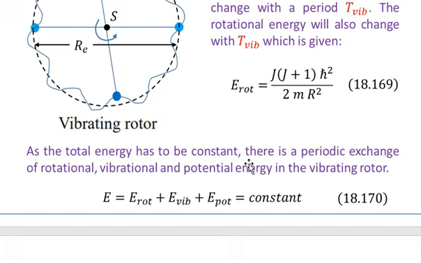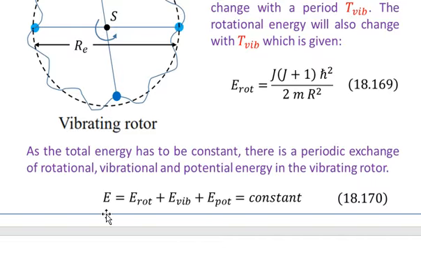As the total energy has to be constant, there is a periodic exchange of rotational, vibrational, and potential energy in the vibrating rotor. So you see that as the molecule rotates, the total energy of the molecule has to be constant, which is given by equation number 170.